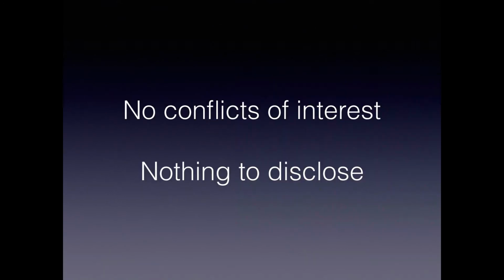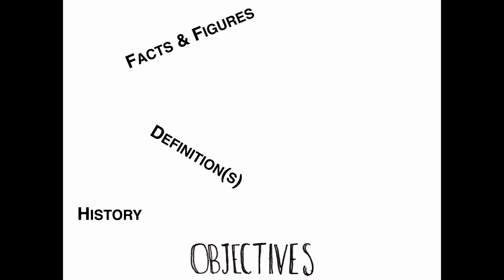We'll just go ahead and dive right into it. First, the obligatory things: no conflicts and nothing to disclose. You can't have a lecture without objectives, so we're going to talk about some facts and figures first, a little bit of history of how we got to where we are today. Some definitions, of course: sepsis 1, sepsis 2, sepsis 3.